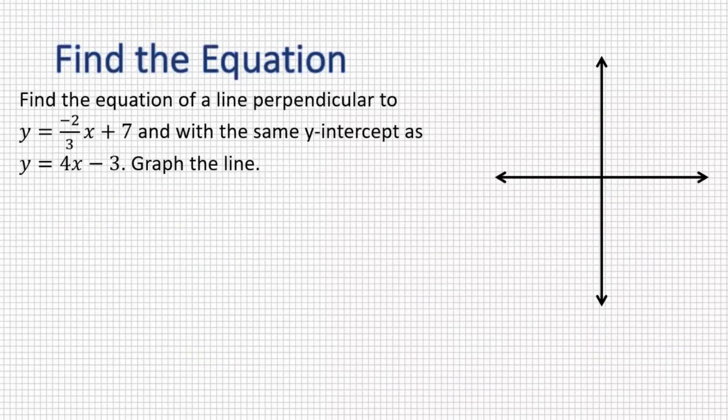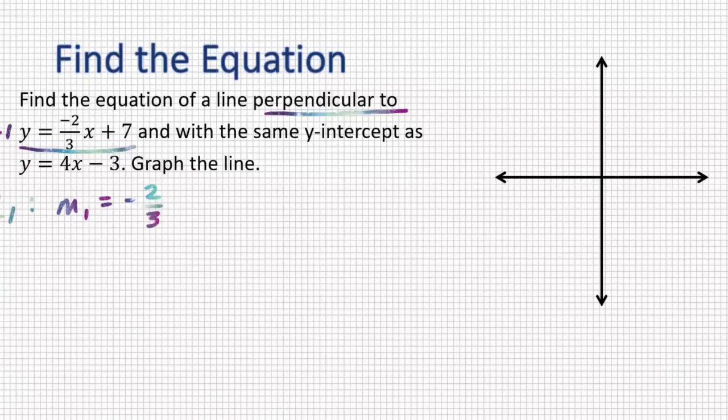Let's try one more, just because the information is provided a little bit differently. So we're asked to find again the equation of a line, but the line we're interested in is perpendicular to this one. So I'll call this line 1. I notice that for line 1, the slope, which I'll call m1, is equal to negative 2 over 3.